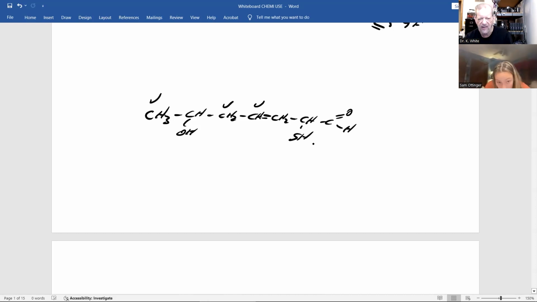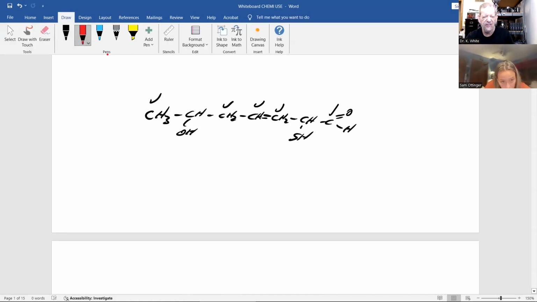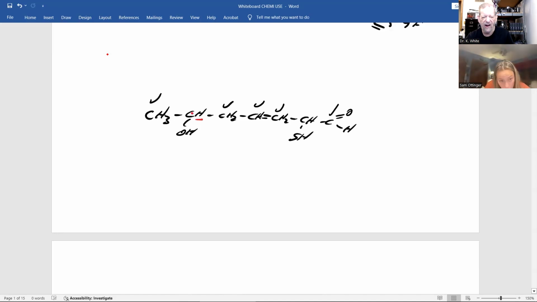So this carbon is out, and this carbon is out, and this carbon is out. Now, if we look at this carbon, it has a hydrogen, a hydroxyl group, a methyl group, and this whole thing I'll call R. So that's 4 different things on there. So this would be a chiral carbon.